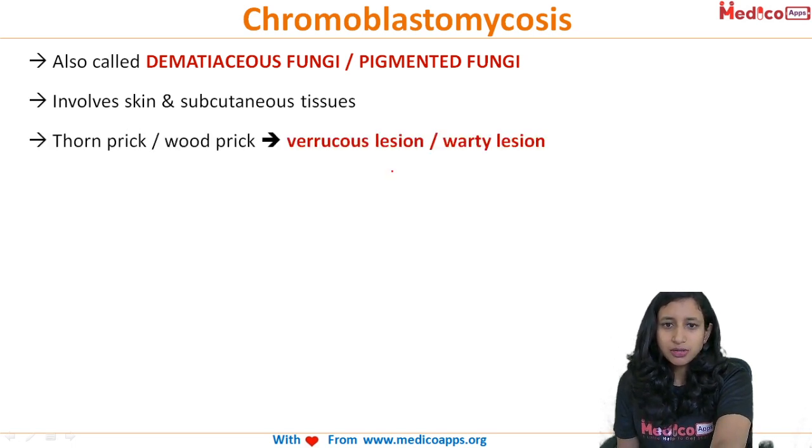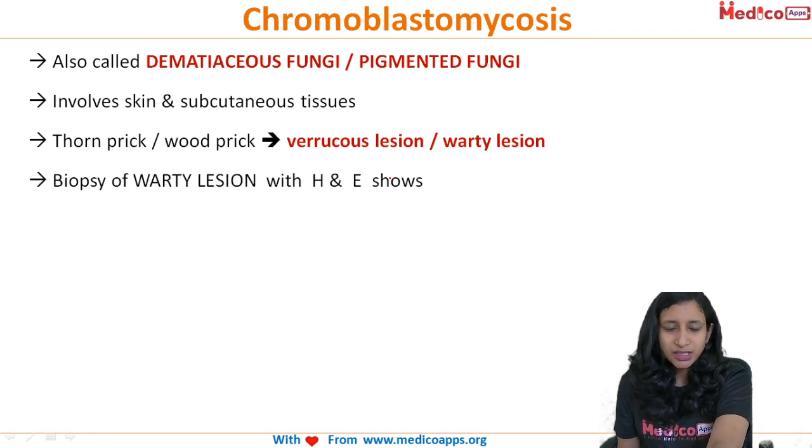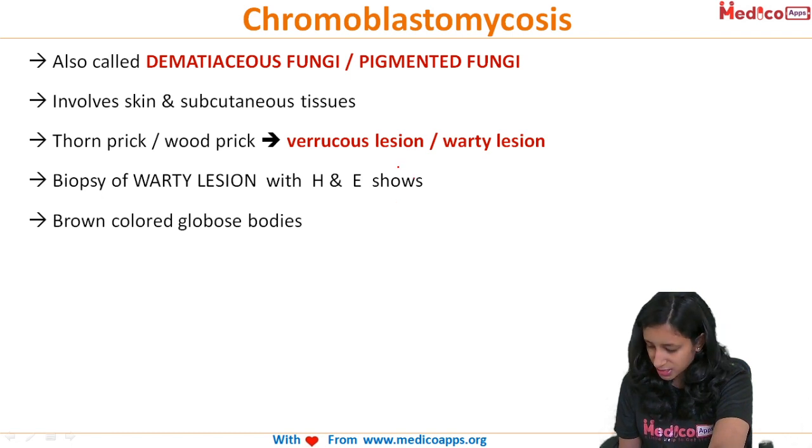There is usually an injury that occurs, so that could be because of a thorn prick, or it could be any other source, where you tend to see a verrucous lesion or a warty lesion. Now when you do a biopsy of the warty lesion with H&E staining, you see brown colored globose bodies. I have been talking to you about sclerotic bodies, and these are nothing but brown colored globose bodies.